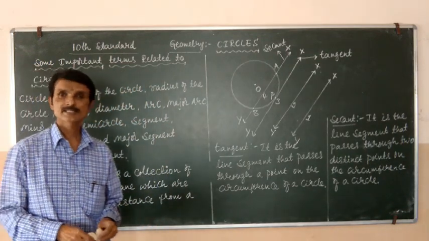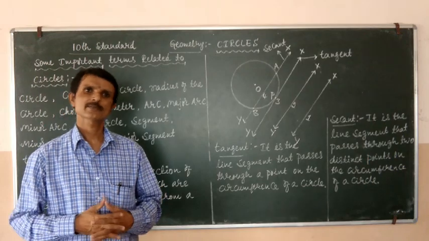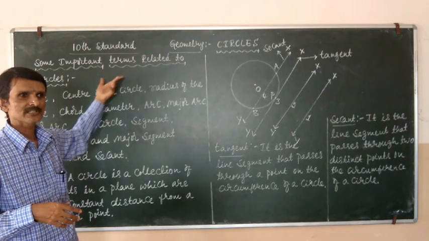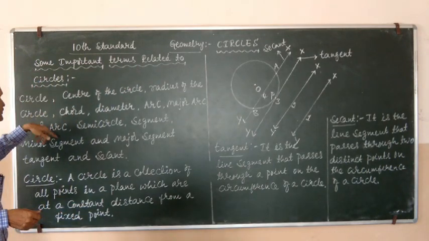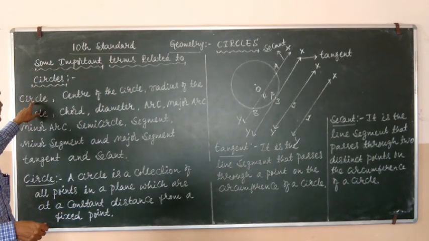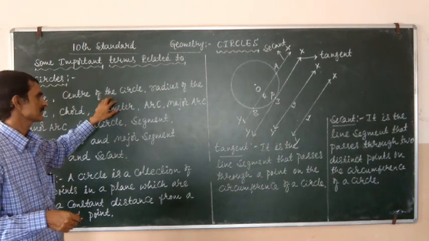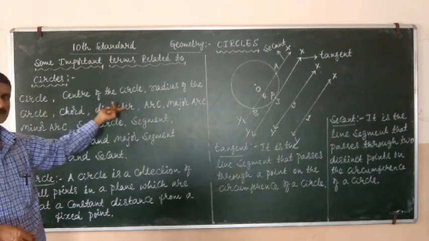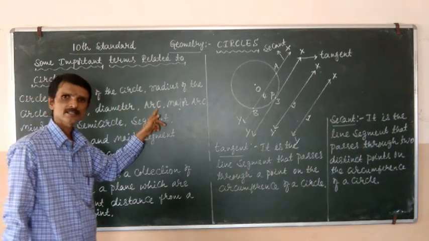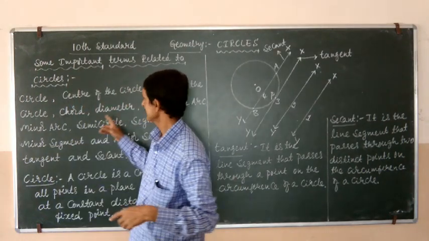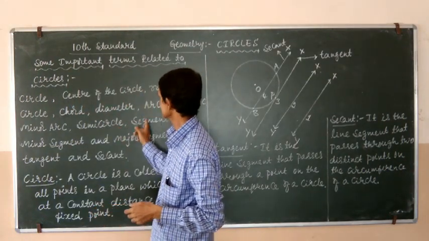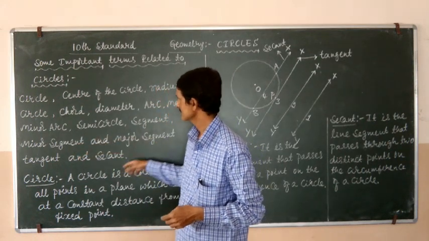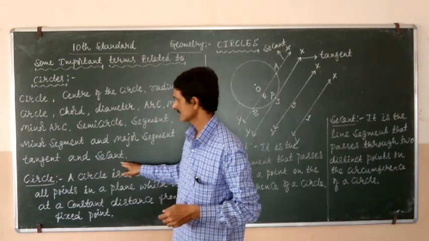Students, in this class we have discussed the important terms which are related to the circles. So one is the definition of the circle, center of the circle, radius of the circle, chord, diameter, arc, major arc, minor arc, segment, minor segment, major segment, tangent and secant.